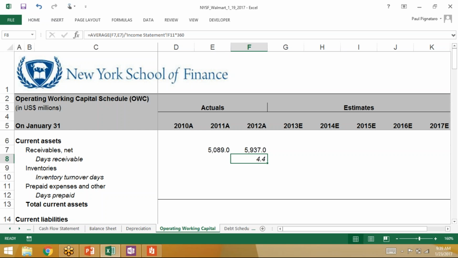Is that unusual? Does that make sense? It depends on the revenue.